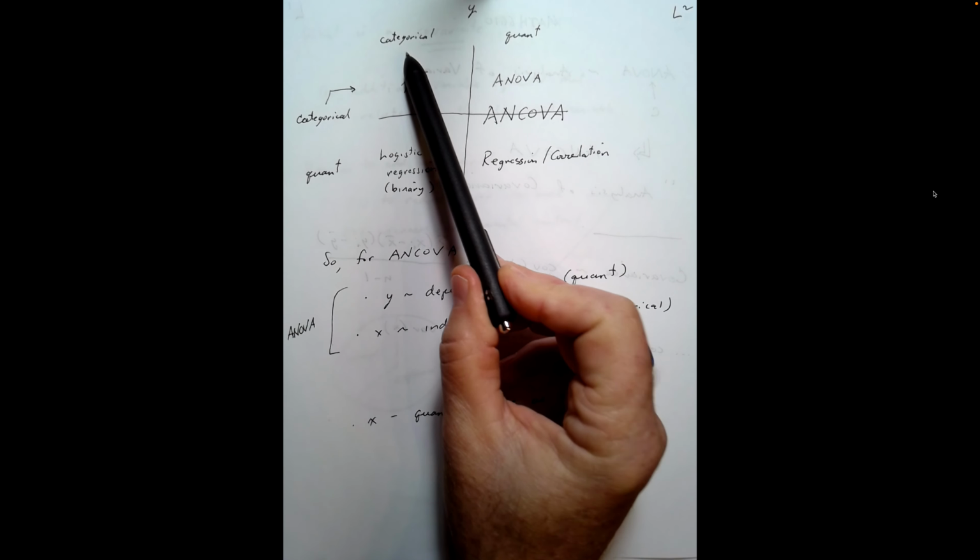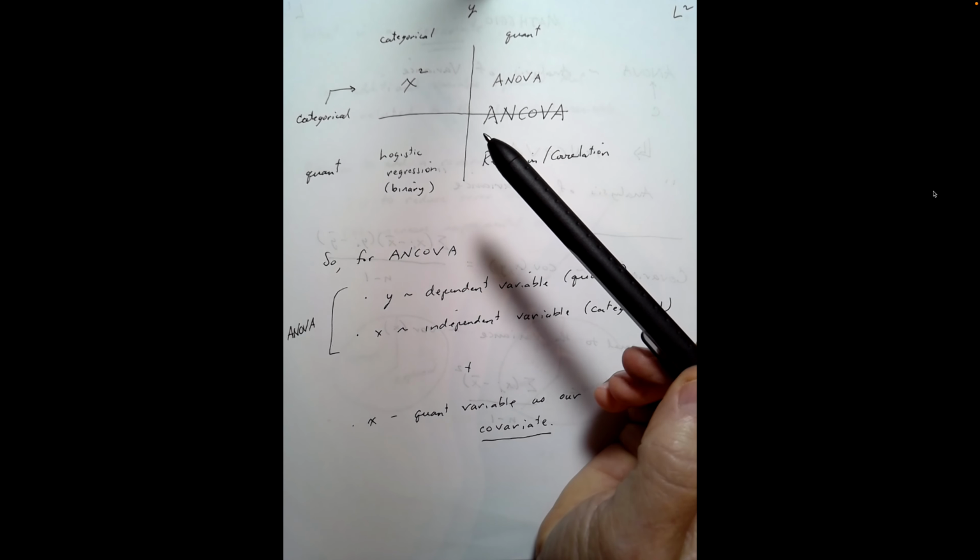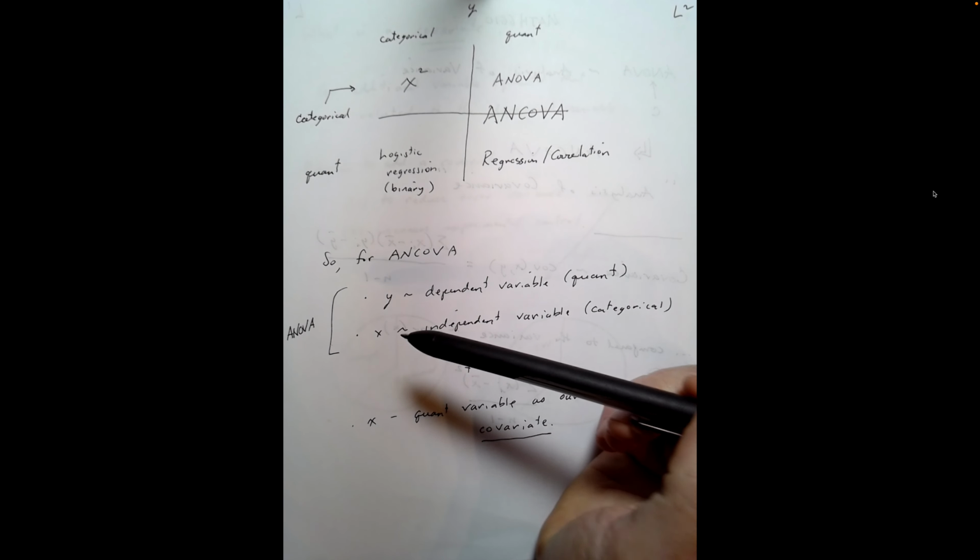Now, where does the ANCOVA procedure lie? So if we think about our dependent variable, which can be either quantitative or categorical, and then our predictor, our X, the independent variable, could be categorical or quantitative.